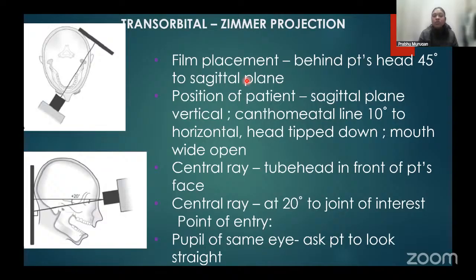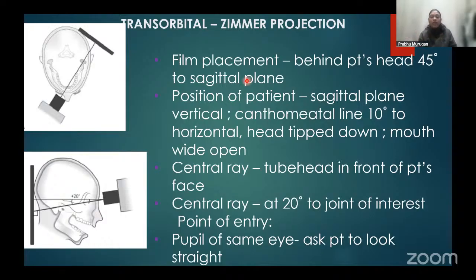Initially it was used, but later they tried to go for advanced techniques rather than something that exposes the orbit, because these are sensitive areas. So they thought, rather than exposing the orbit, let's go for other modified techniques. So when it comes to the traditional ones, we should remember transcranial, transpharyngeal, transorbital.